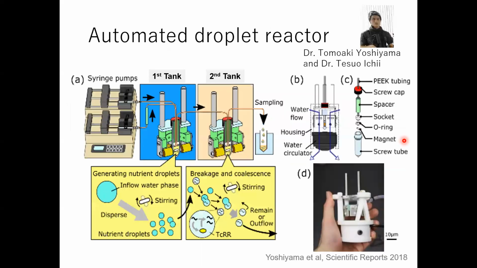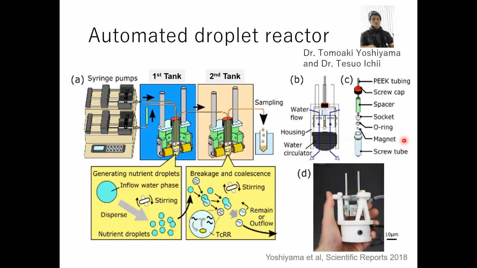So in the last few slides, I'll show you another evolutionary experiment. In the previous experiment, the serial dilution experiment was performed manually. We prepared the droplets every day, incubated and diluted every day. Oh, wow, every day.